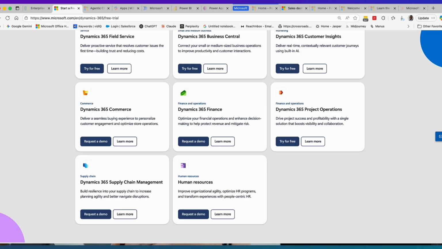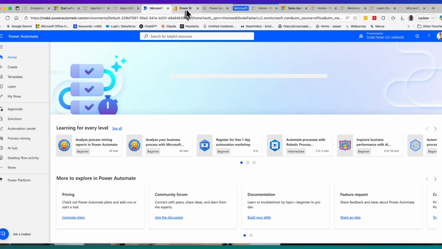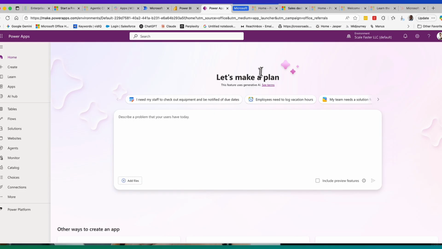Now, I also want to touch on these three products: Power Automate, Power BI, Power Apps. The final piece of power comes from the seamless integration with the Power Platform. This gives you three amazing tools, just as I mentioned: Power Automate, Power Apps, Power BI. These things are just powerful, right?